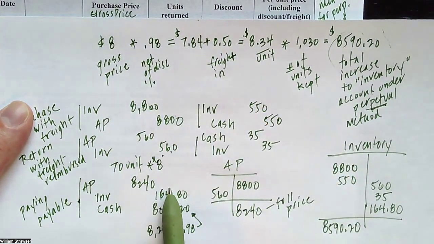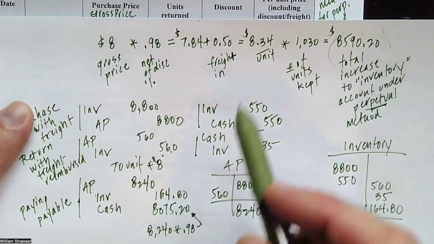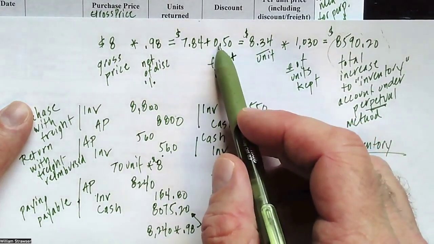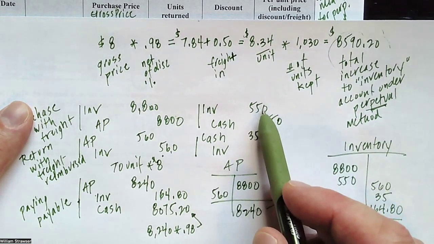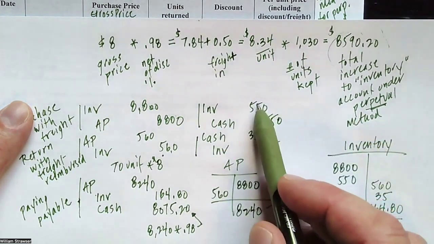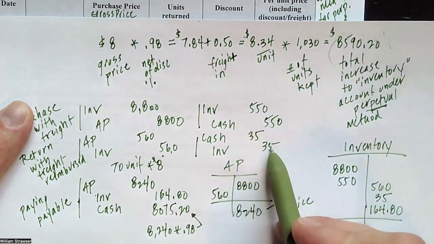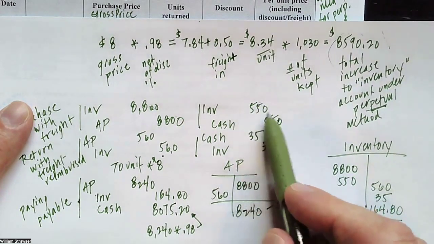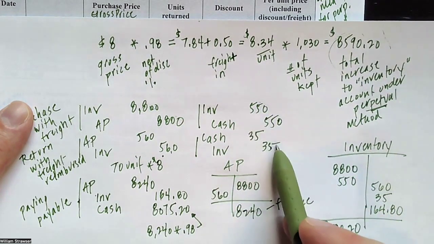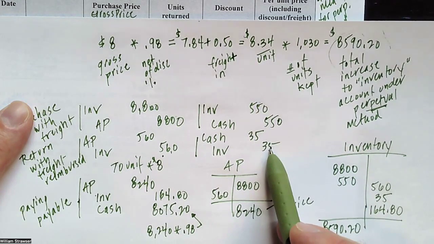Well, that was basically the same as crediting inventory for the units we kept. We added 50 cents of freight for every unit that we kept. That was captured by the debit and the credit here for the amount of freight added to our inventory and then reimbursed for the returned units.